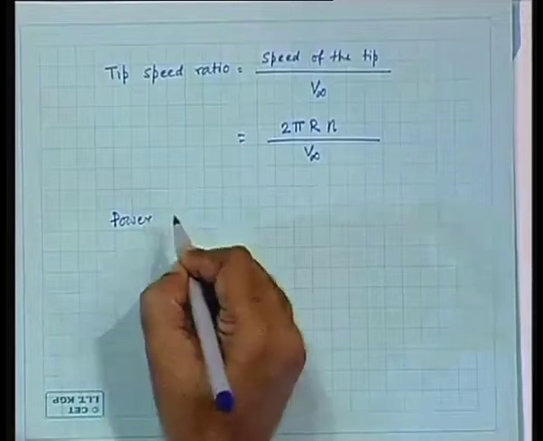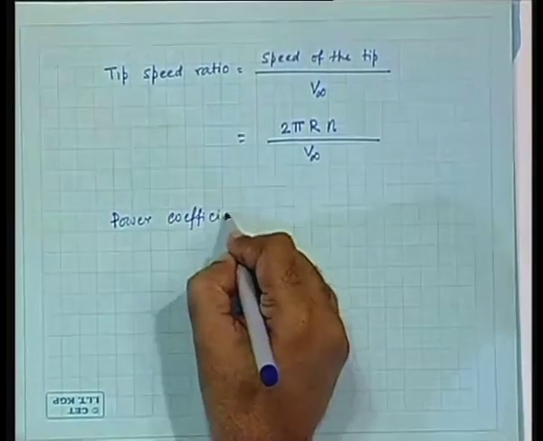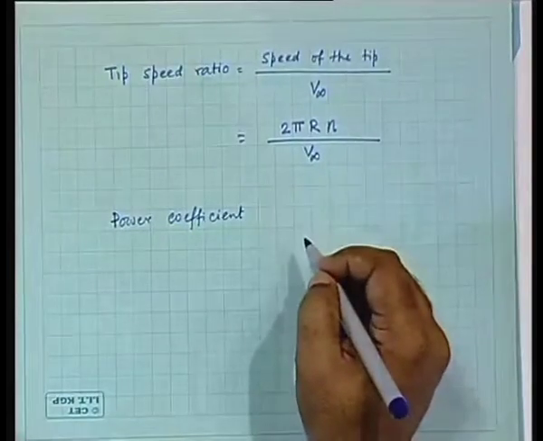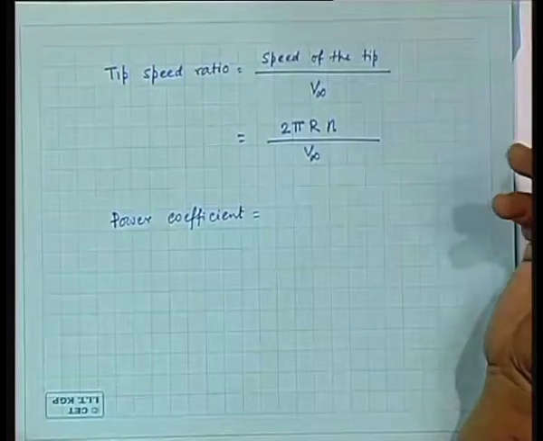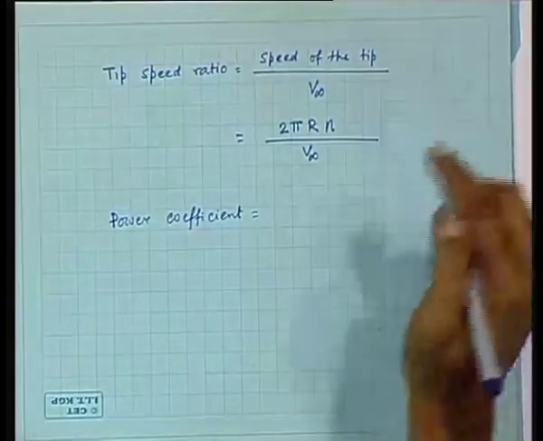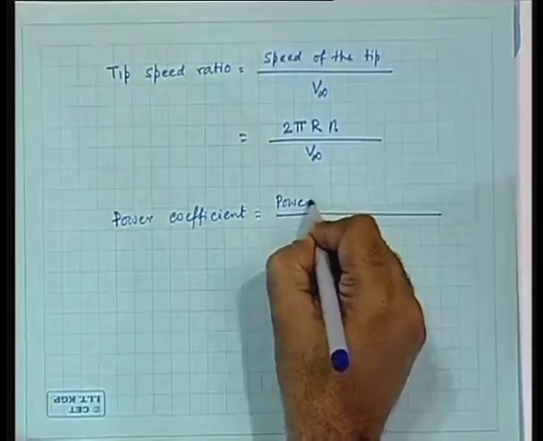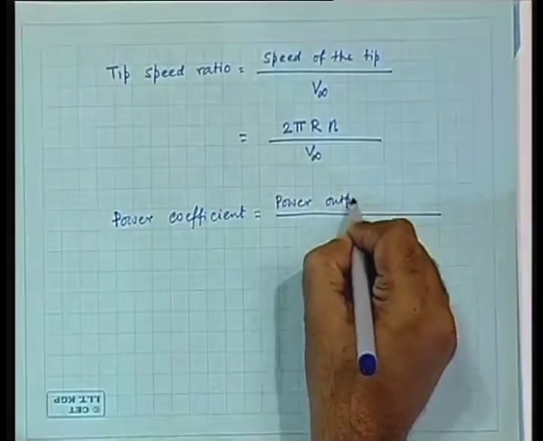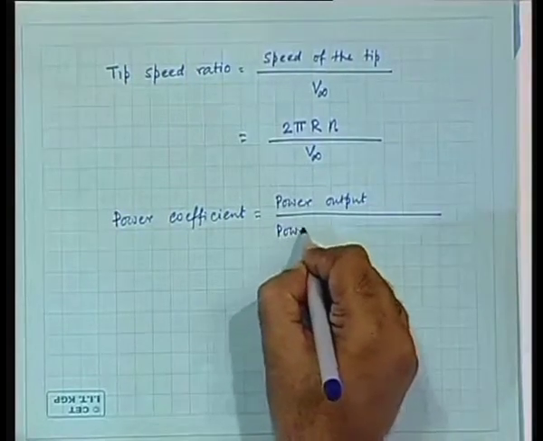There is another important number that is associated with a wind turbine, that is the power coefficient. That is essentially the efficiency, the aerodynamic efficiency. So that is power output of the wind turbine divided by the power content.